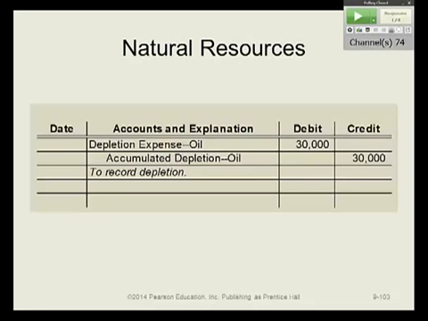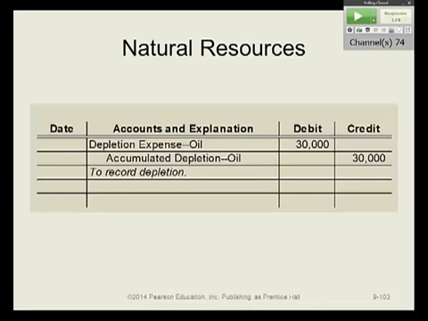If you have straight line depreciation, you're going to have the cost minus the estimated scrap value over the estimated life, and that gives you depreciation expense, and this is in years, per year.